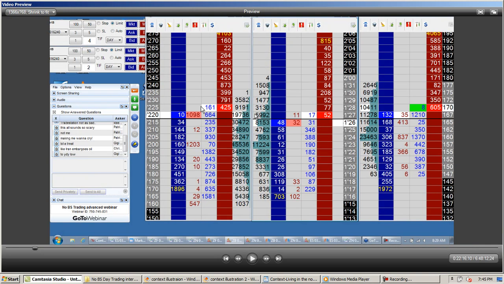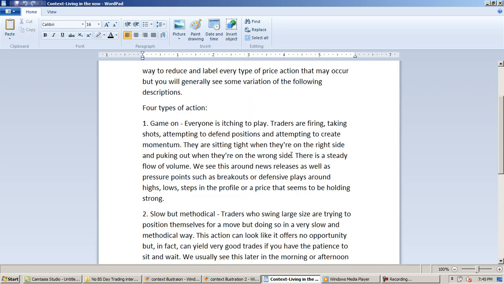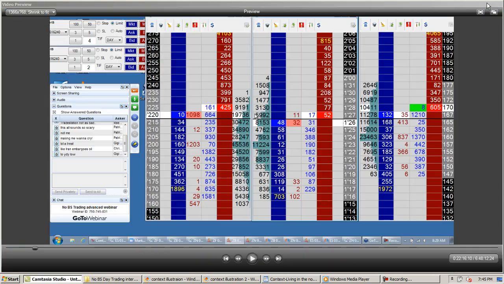Okay, so now I want to run through some examples of the 4 types of action that I describe in the document here, starting with number 1, the game on. So the most obvious game on scenario is around a news release like unemployment. This was a day last year, unemployment day.